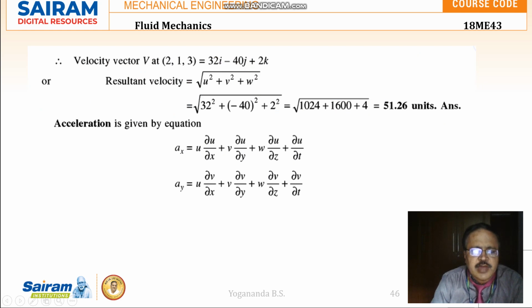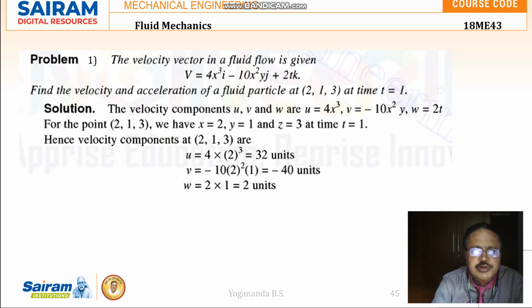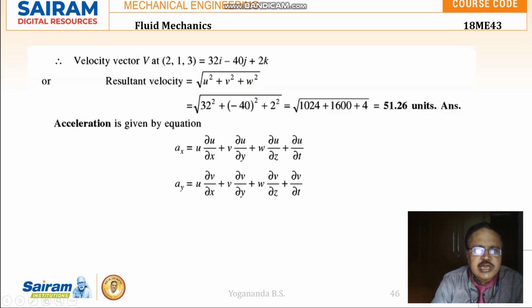Velocity vector V at 2, 1, 3: substituting u, v and w in the equation ui plus vj plus wk, substituting the values of u, v, w. So writing velocity vector V, it is 32i minus 40j plus 2k.